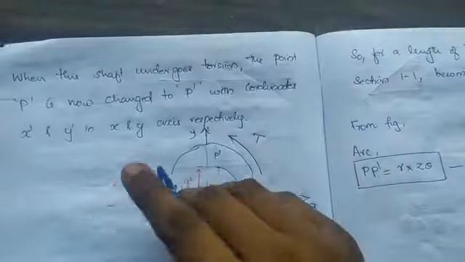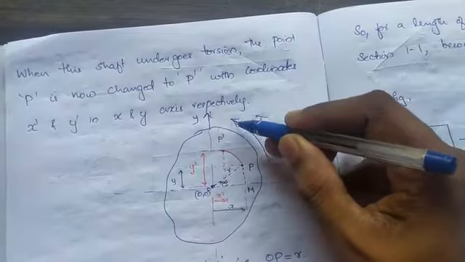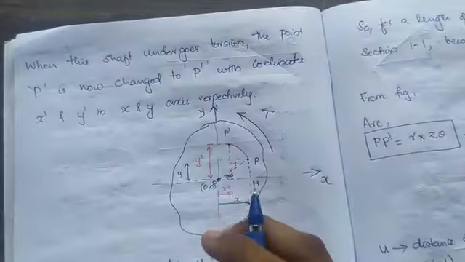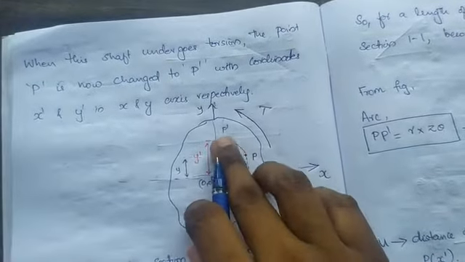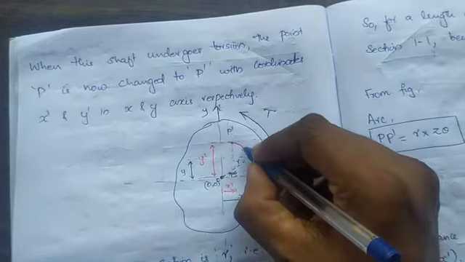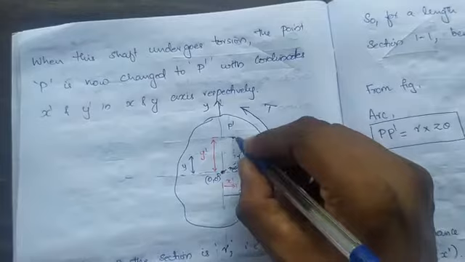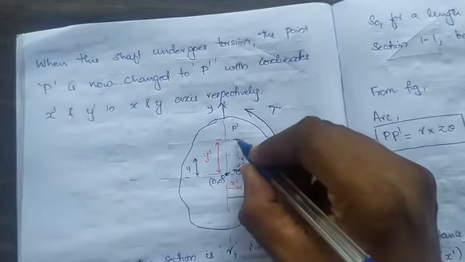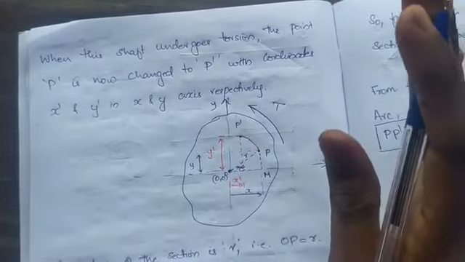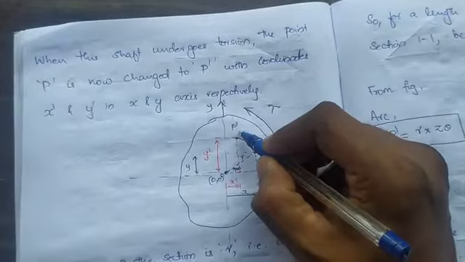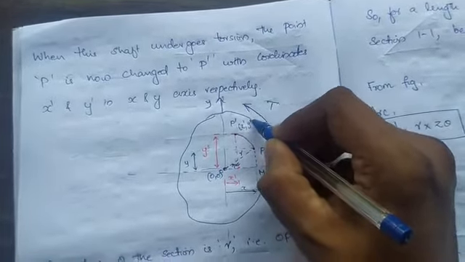Now what happens if this object is undergoing torsion? If I am applying a torque, each member twists, right? So this is making an angle. The point P travels after torsion and it reaches P dash, right? Is that clear? Now the coordinates of P dash are x bar, y bar.